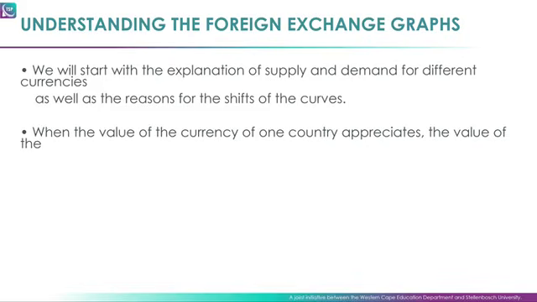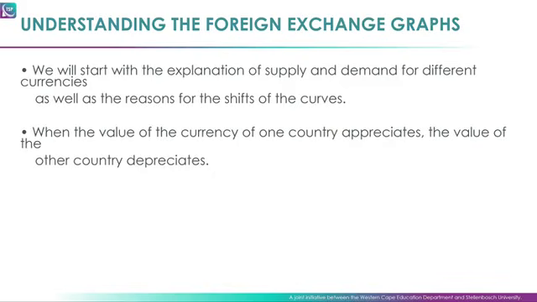When the value of the currency of one country appreciates, the value of the other country depreciates. We see that happening all the time. As the American dollar gets stronger, the rand is getting weaker. So we say the American dollar currency appreciates, and when it's getting weaker, the currency is depreciating.